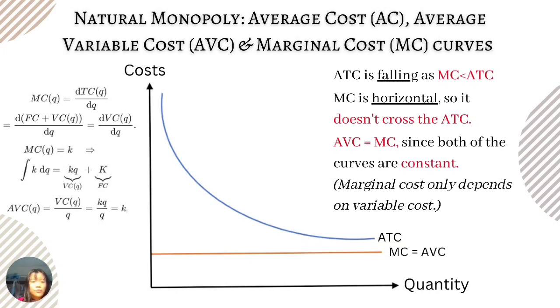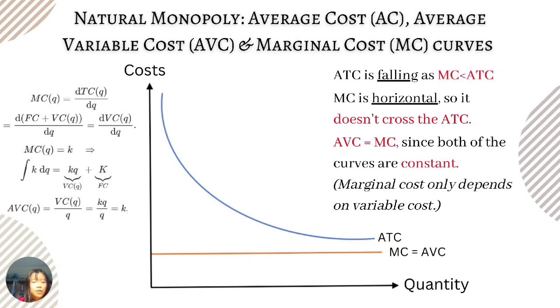So its derivative will be 0, leaving us with the change in variable cost divided by the change in quantity. And if the marginal cost function is constant, and we integrate it in order to get the total cost function, we will get K times Q plus big K.